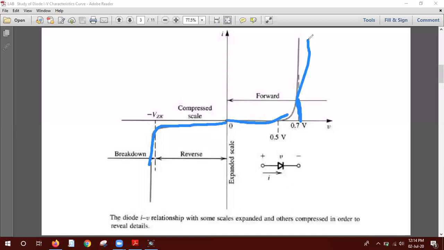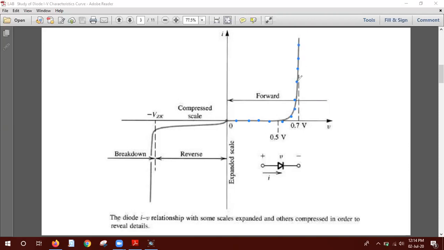Yeah, so today in the Proteus software we will try to replicate this and see how the graph comes out. So that is our first task. My students, in our laboratory class we are going to give different voltage values and check the points.